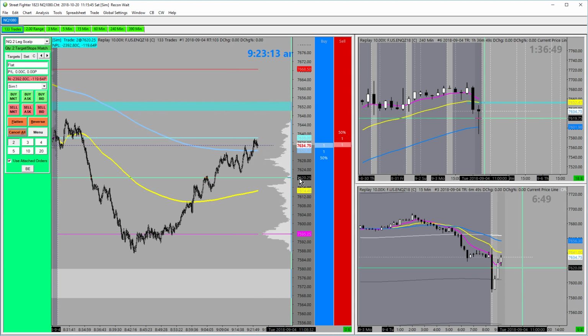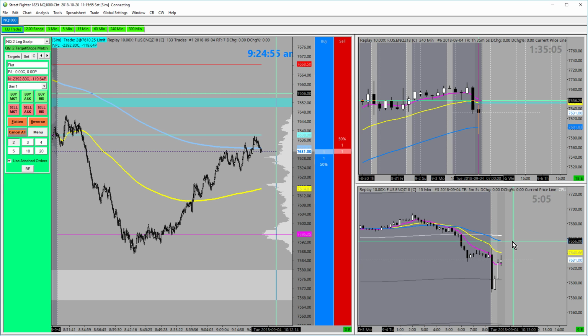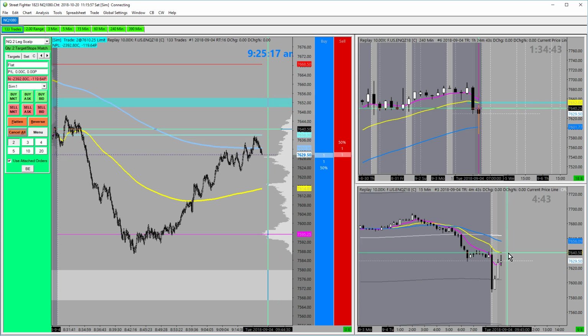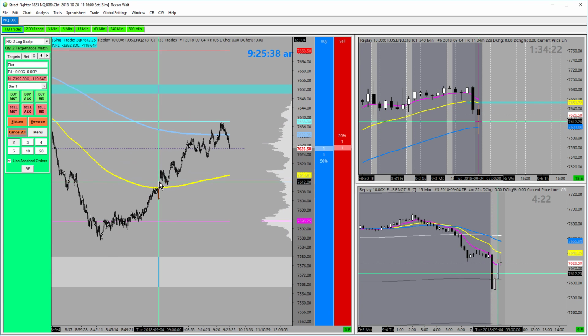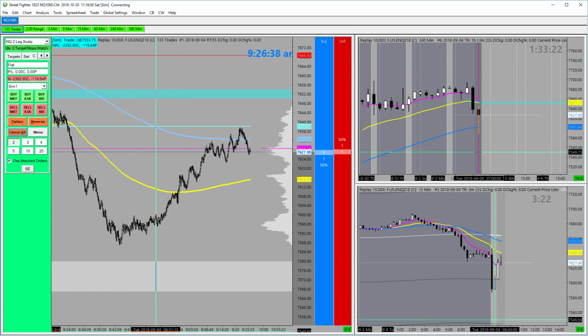Crazy, huh? If this came up to here, that would be a good short, right? All the way back up to this 50 EMA. Looks like the 21 EMA is also holding up here. This would be one of the more interesting days.